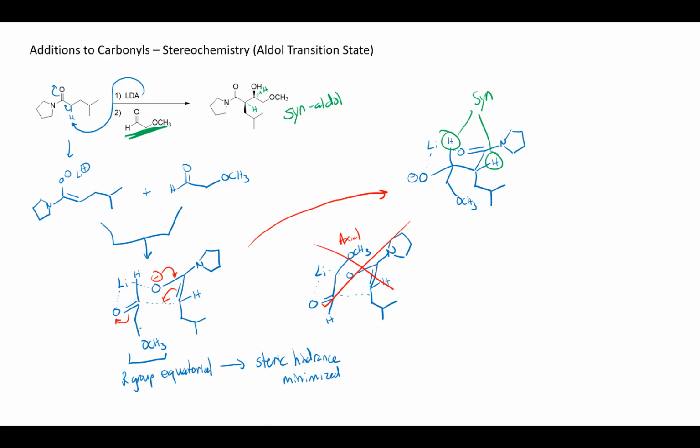And as long as you put that R group equatorial, you're going to continually get the syn-aldol product. Sometimes you'll get these both dashed instead of both wedged, but that's just an enantiomer of the original compound, and that's fine. But this transition state is the lowest energy, most favored one. It lowers the activation barrier the most. And it's all based on this coordination of lithium here.